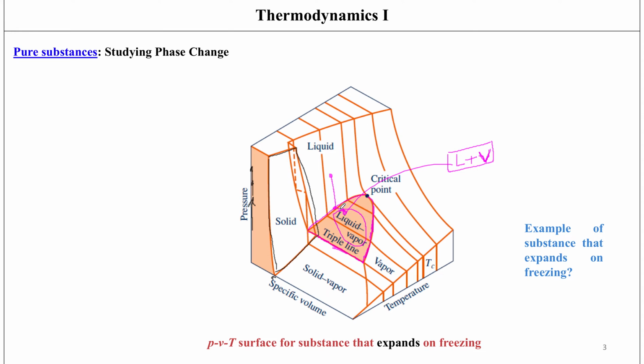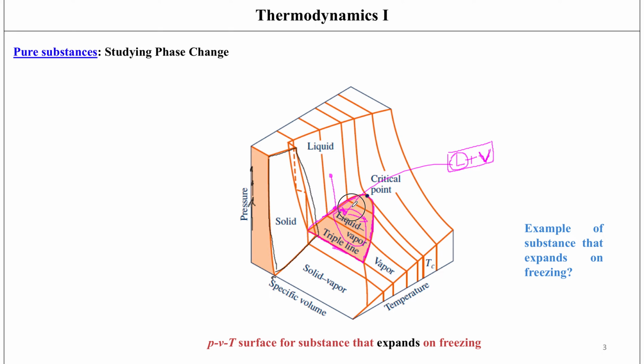So the more I go towards the saturated vapor line, the more vapor is going to exist in this two-phase region. The closer I am to the saturated liquid line, the more my water is going to exist as a liquid. It would still have vapor present in there.